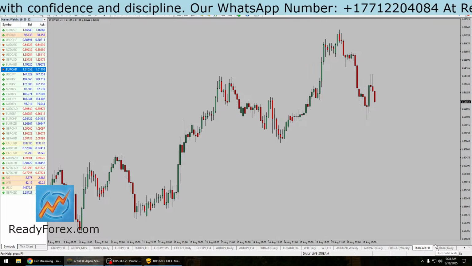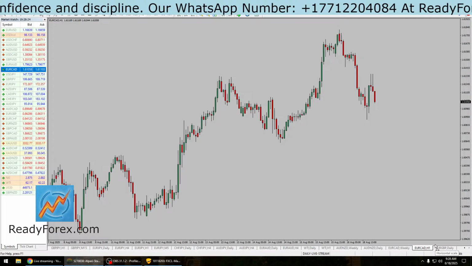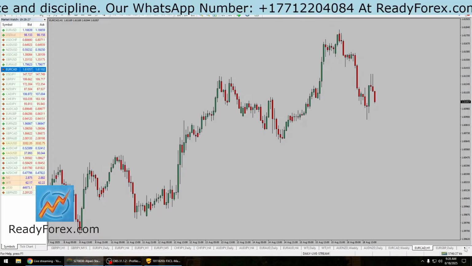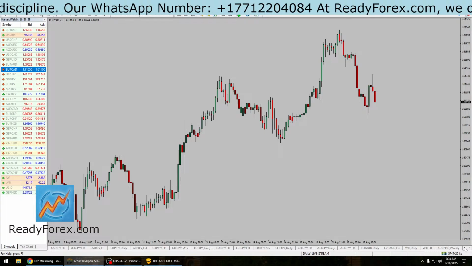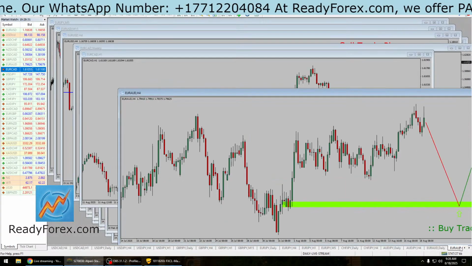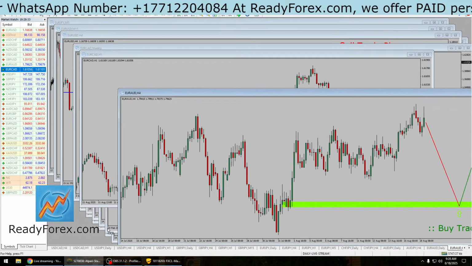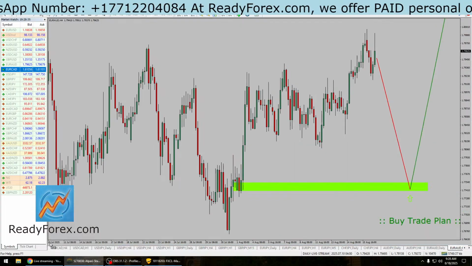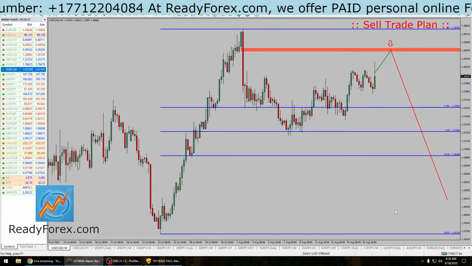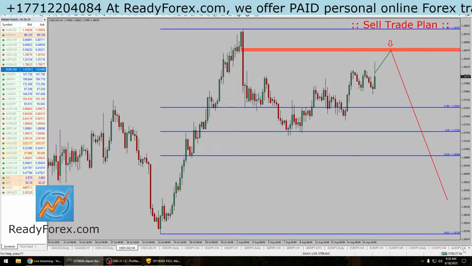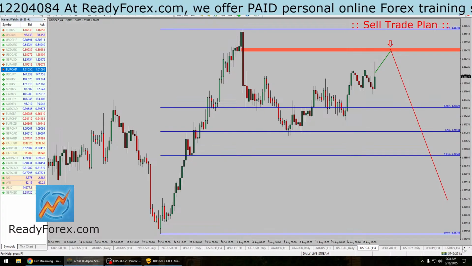And regarding the euro dollar, it might actually keep falling down. Let me show you the chart of euro dollar currency pair. So regarding the euro dollar, we might not get a buy trade today, which is fine. Maybe market wants to drop a little bit more.